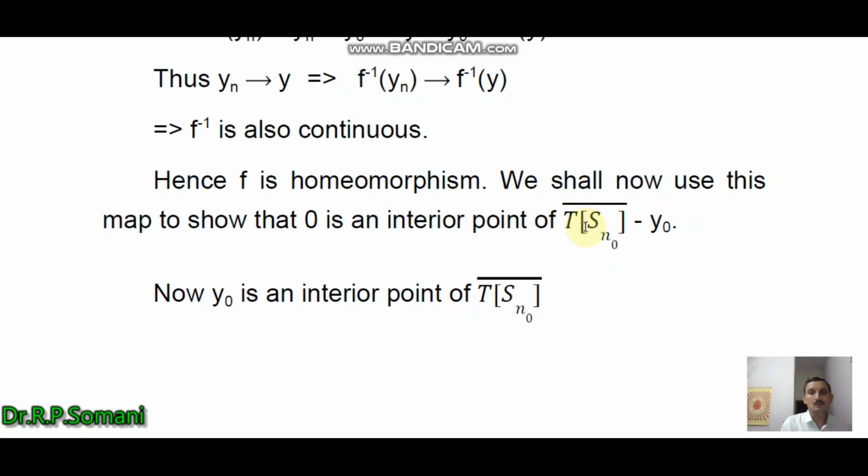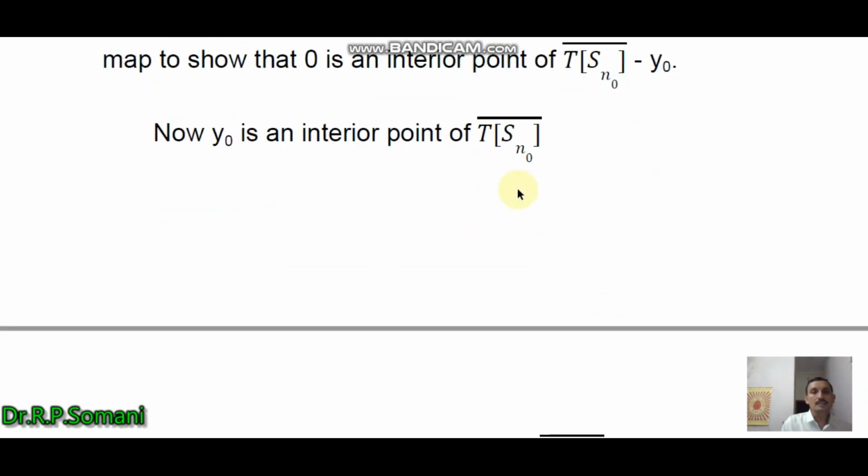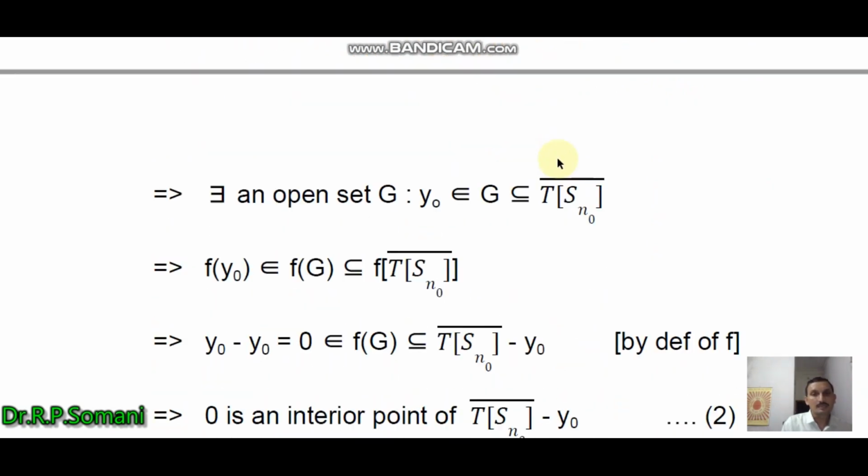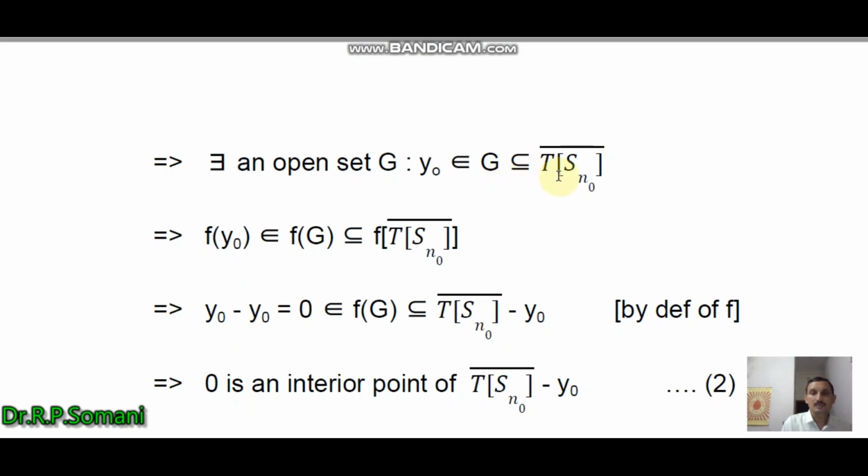Now y0 is an interior point of the closure of TS_n0. This implies that there exists an open set G such that y0 belongs to G, which is a subset of the closure of TS_n0.